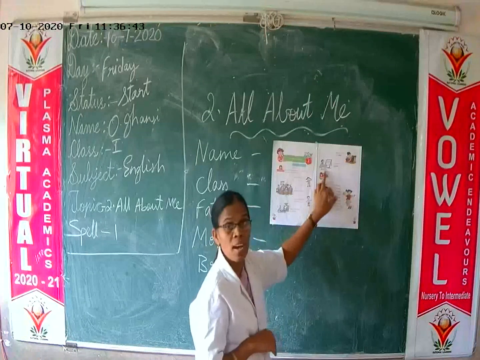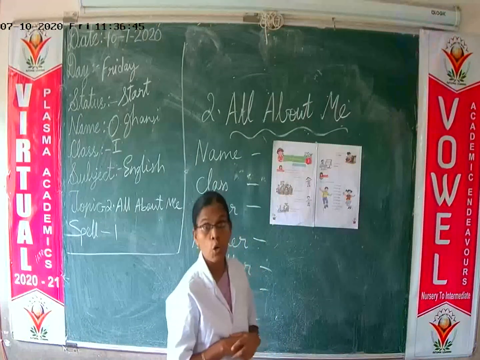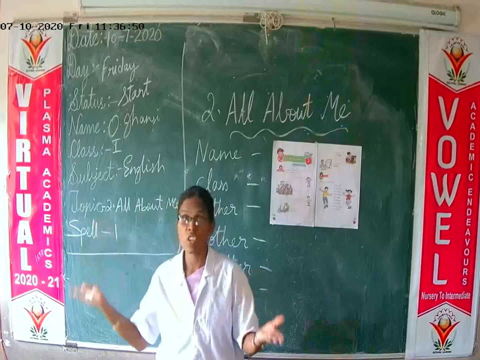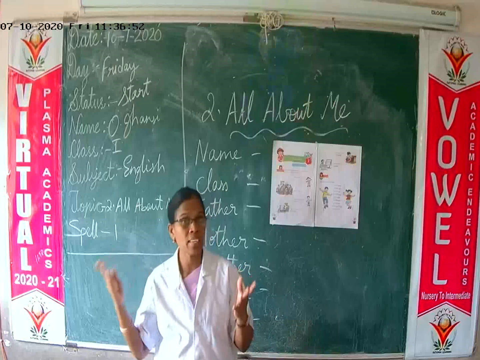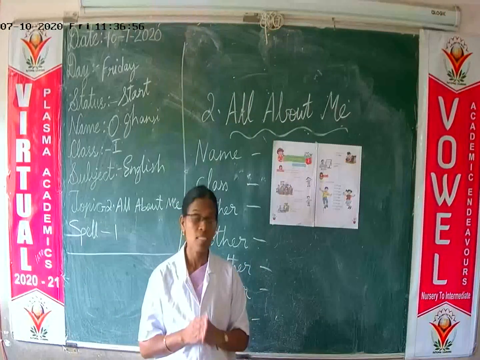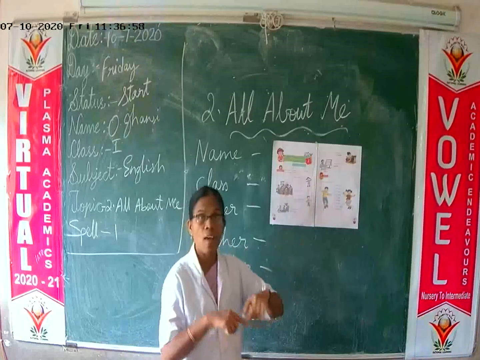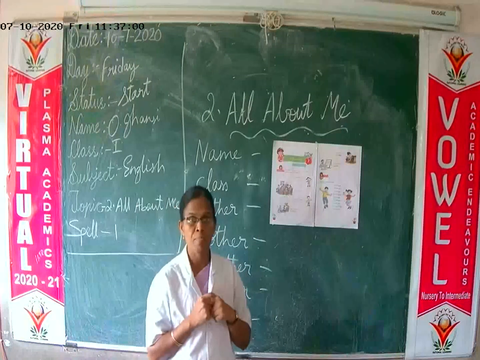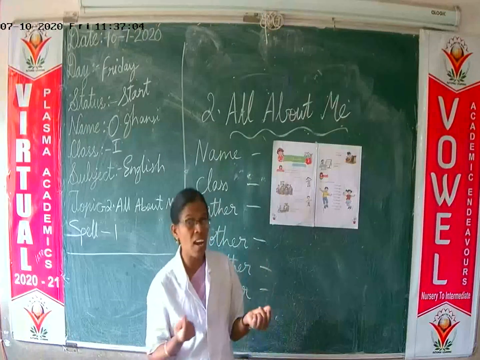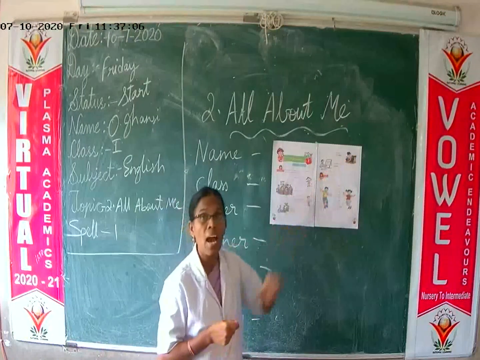So Sarah's father is an architect who designs for the buildings. Before constructing the buildings, these architects have to design the buildings. Yes, children? So the person who designs is called an architect.